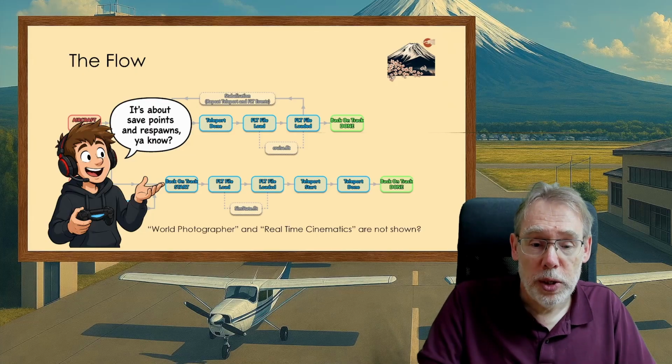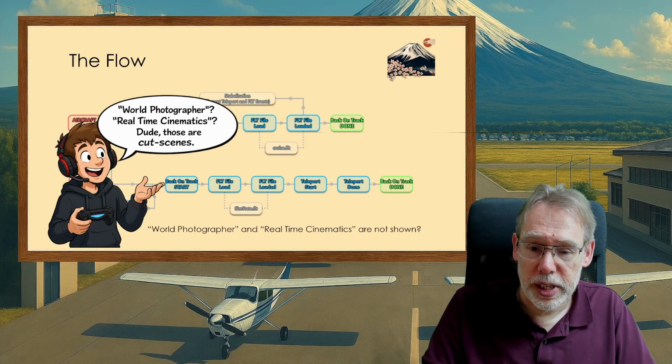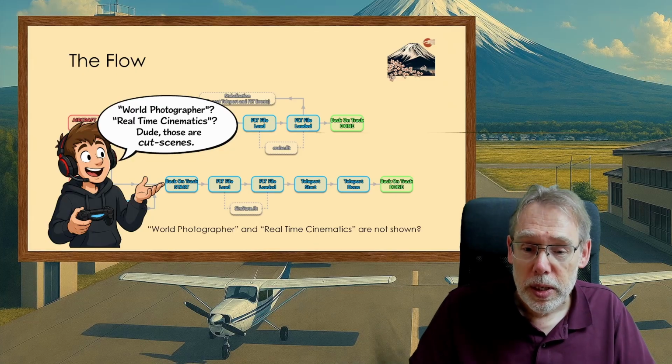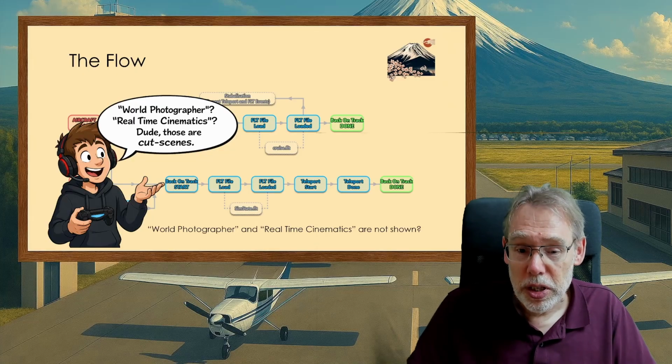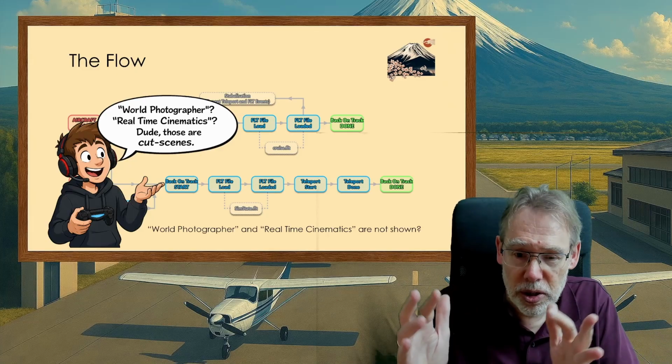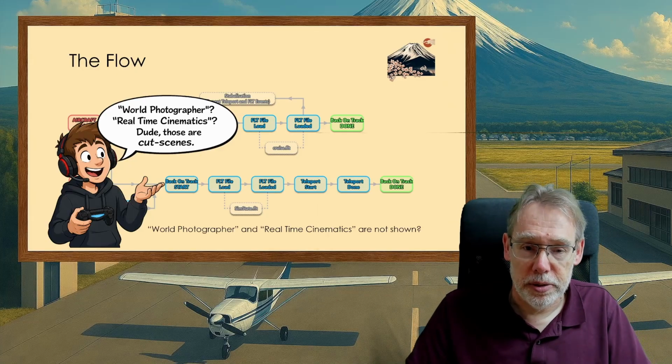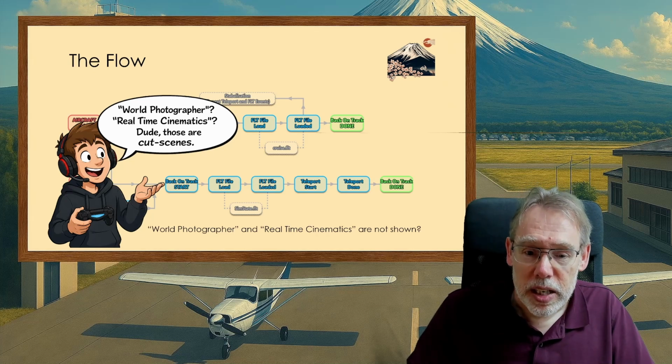And then, of course, we also have those world photographer and real-time cinematics. During startup, we all see that because you get this camera shift focusing on a deer near your aircraft. That's the kind of thing.